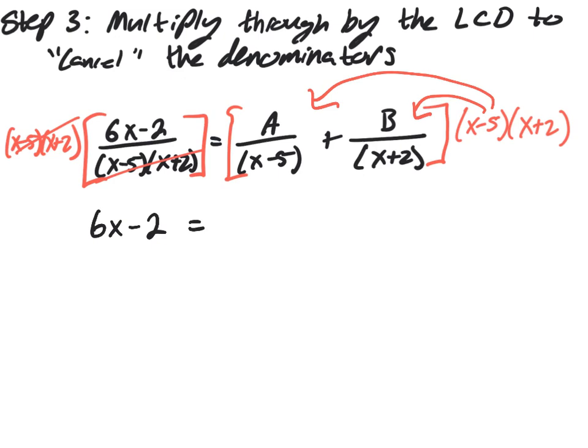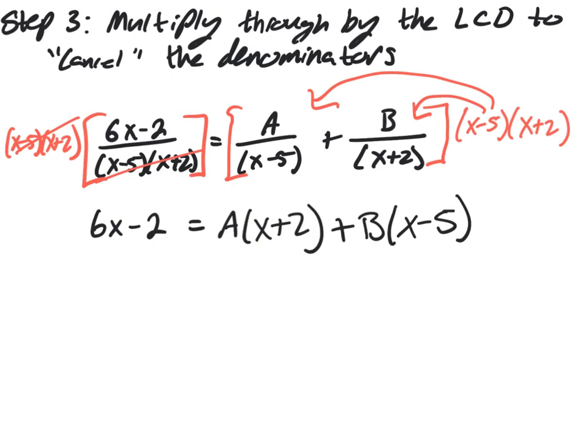When we multiply it by our first term, we can see that our x minus 5s will cancel out, and we will be left simply with a times x plus 2. And then for our second term, this time our x plus 2s are going to cancel out, and we'll be left with b times x minus 5. Now this is getting a little bit nicer and looking like we can maybe do some things to solve for a and b, those constants.